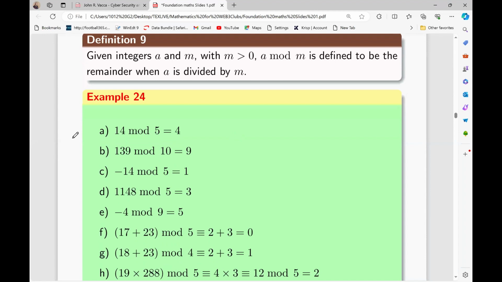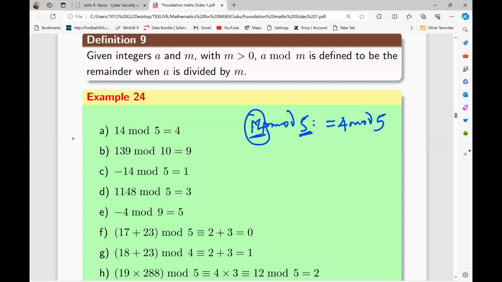And so, instead of somebody writing 14 mod 5, since this number is too huge, bigger than the divisor, this is the divisor. The number here is supposed to be always smaller than the divisor. Whenever it's bigger than the divisor, you divide it and write the remainder. So instead of writing this, the person is supposed to write 4 mod 5.